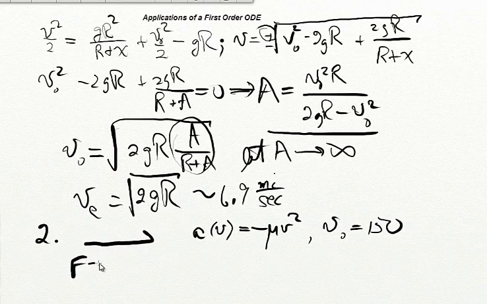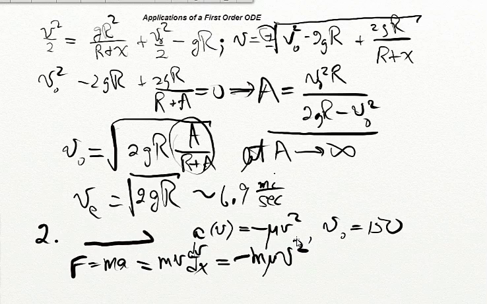We write down F equals ma, which, as we saw earlier, was m v dv dx. And so it's also equal to m times minus mu v squared.